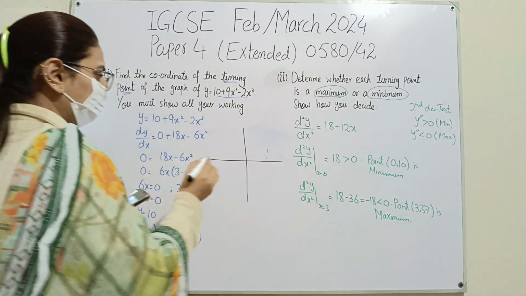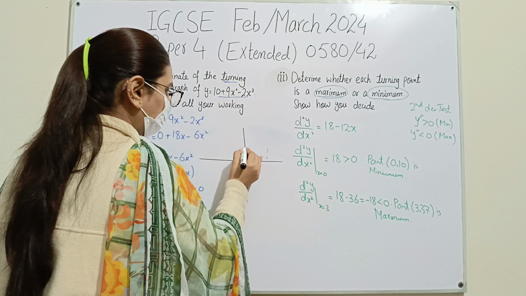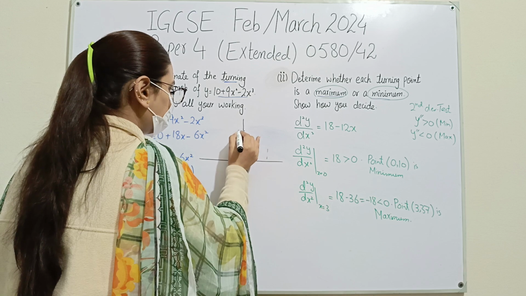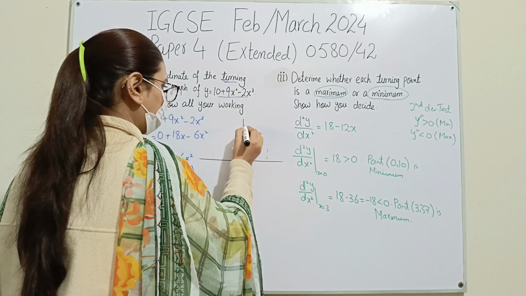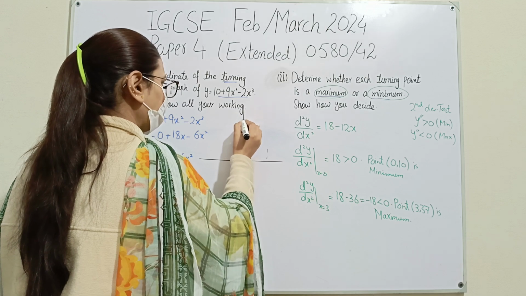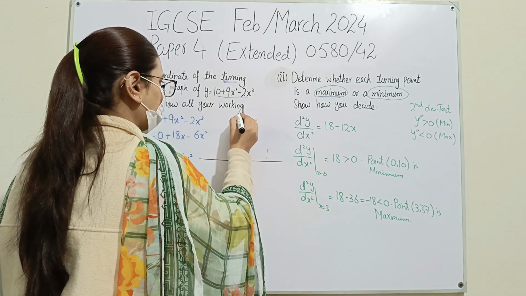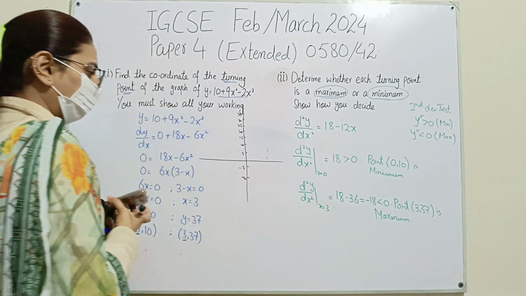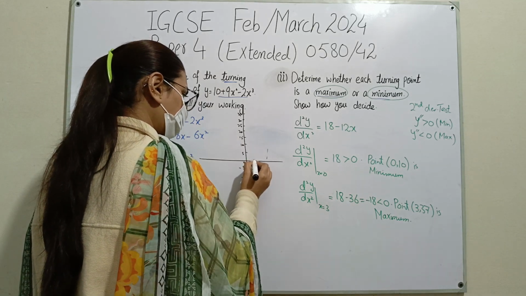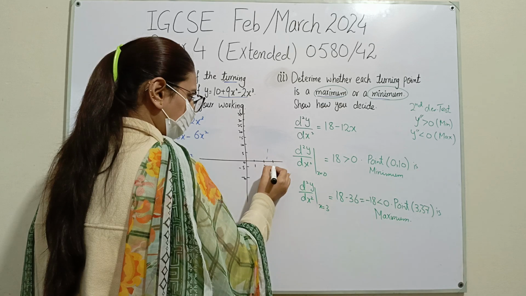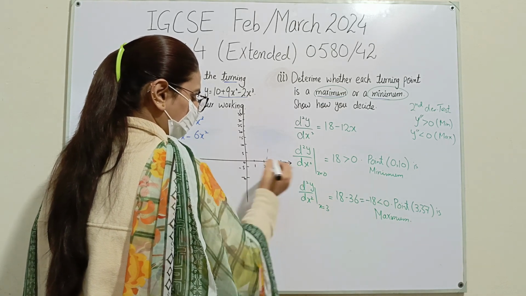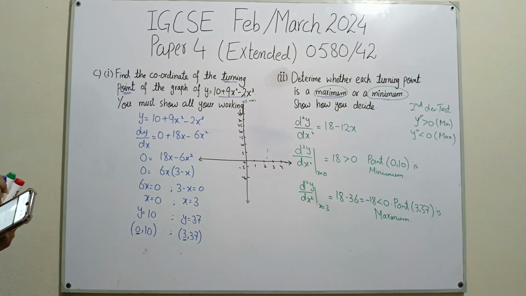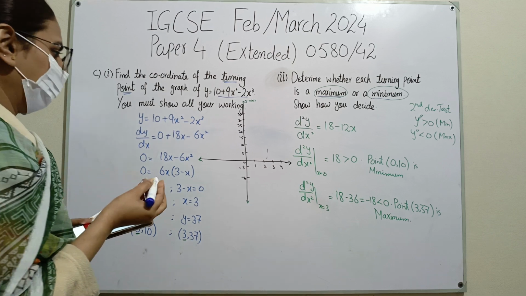If I roughly take, this is 5, 10, 15, 20, 25, 30, 35, here it is minus 5, minus 10, and on the x-axis this is 1, 2, 3, 4. Now you have to draw the graph over here.